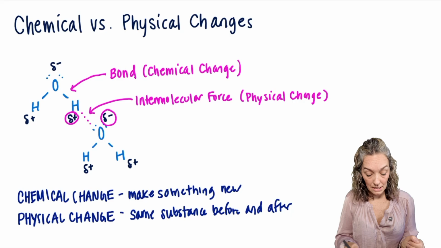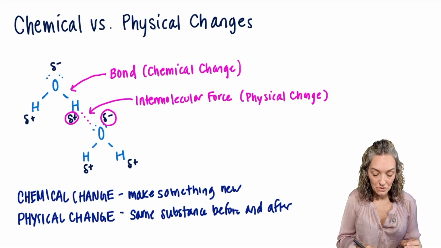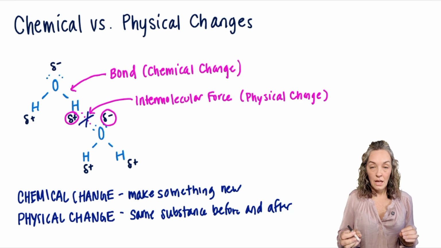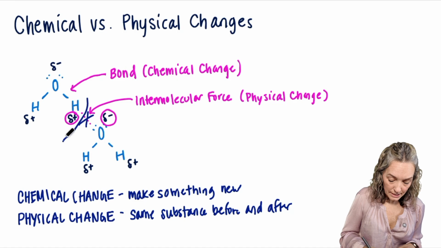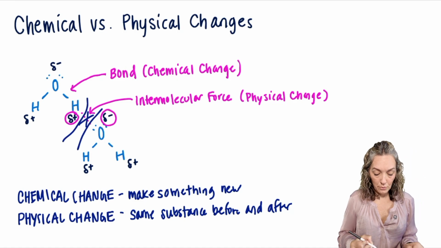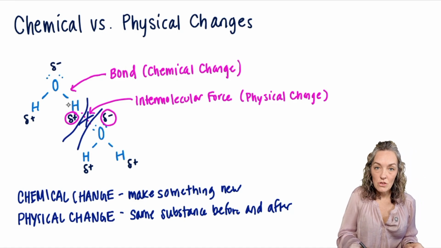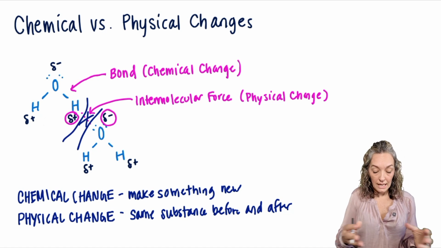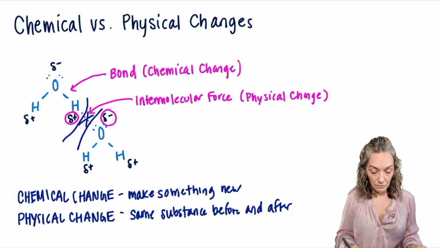Let me show you what I mean using the Lewis dot structures for our waters above. So when I break this intermolecular force and I separate these two from one another, notice that I haven't changed the fact that I have water. I have water, or H2O, before and after I break the intermolecular force.